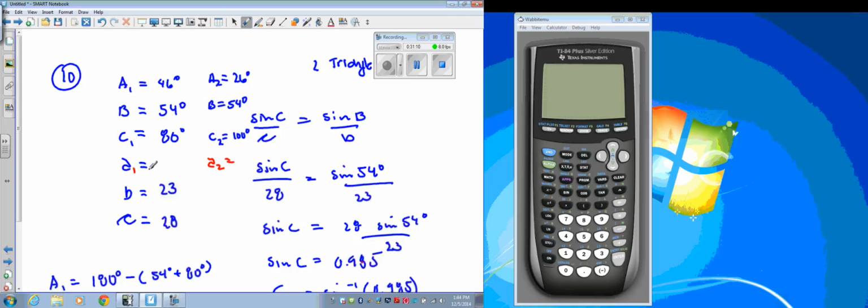But they'll turn out to be the same length. What we'll do is we'll go ahead and look at some more of the problems.